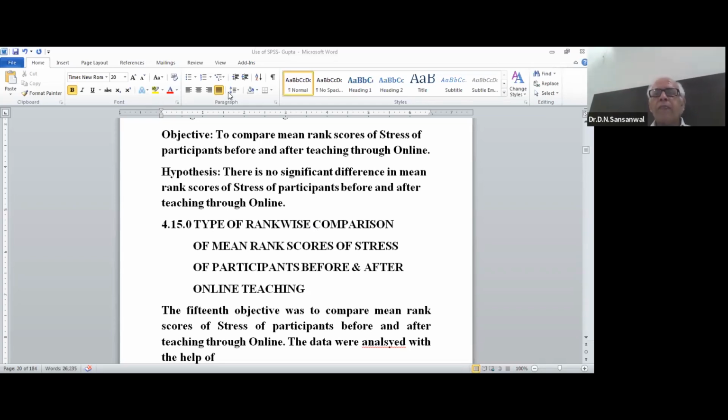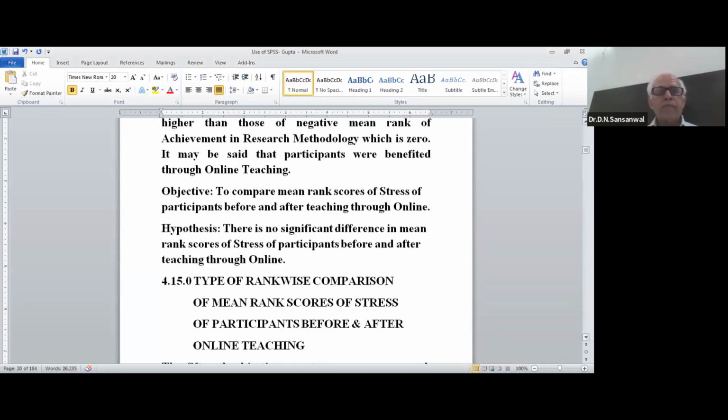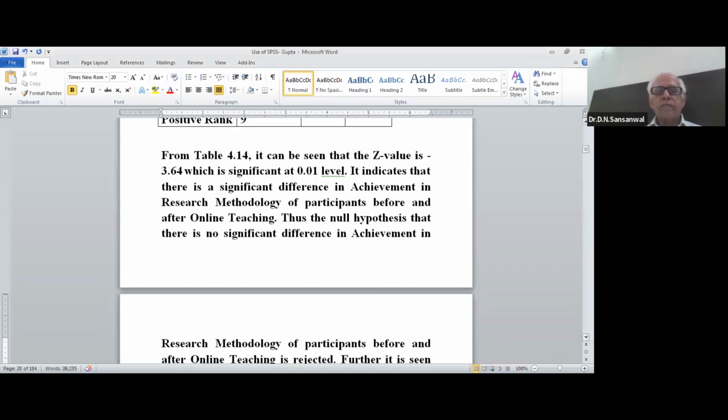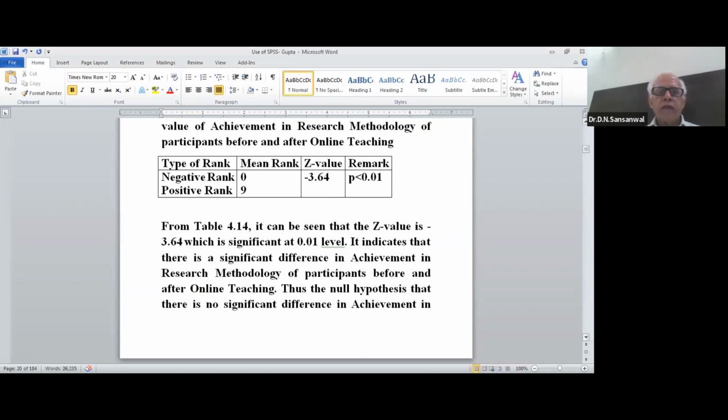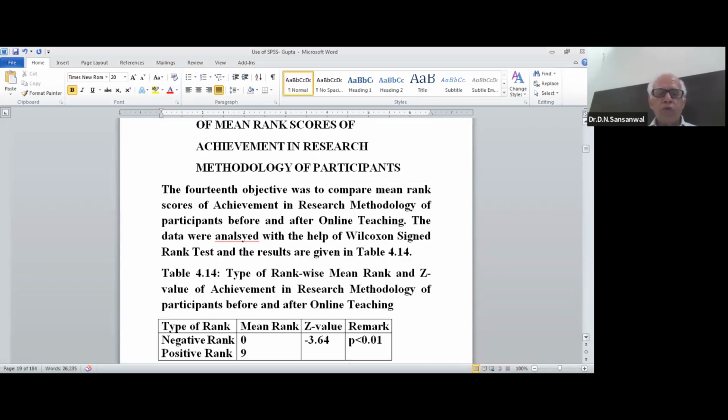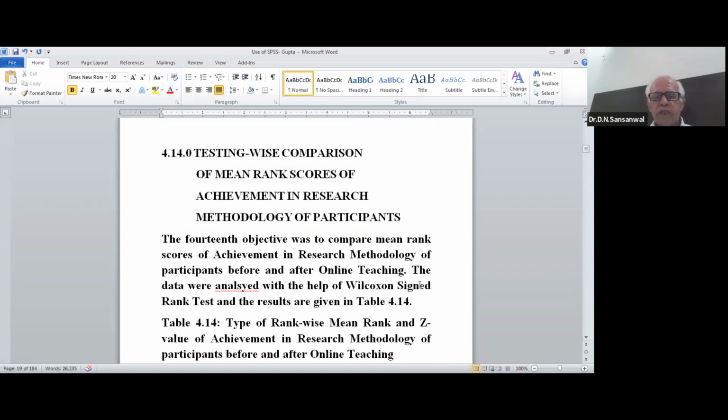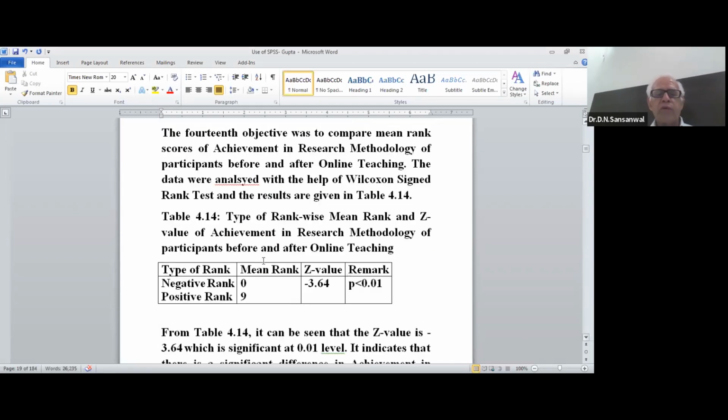In 4.14 I have not written testing wise, I have written type of rank wise.